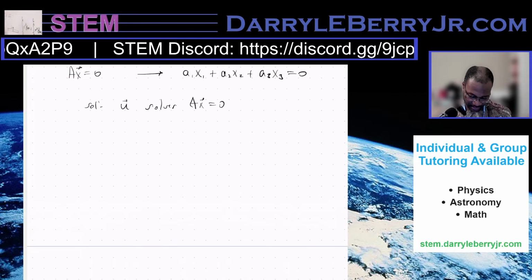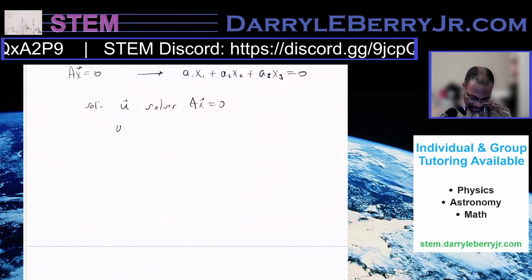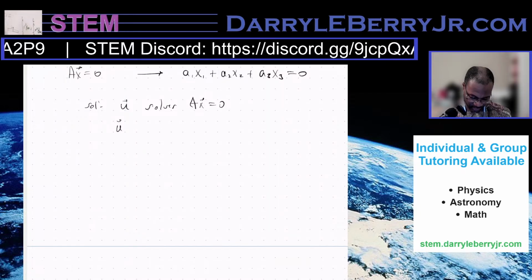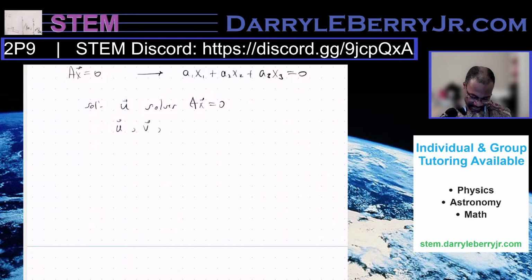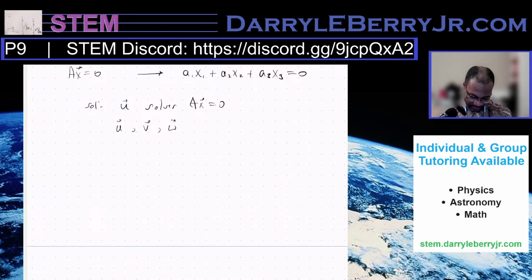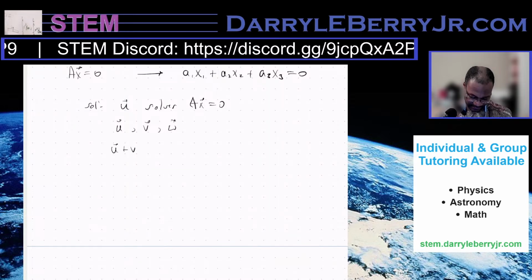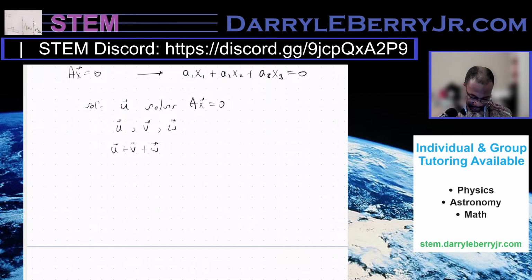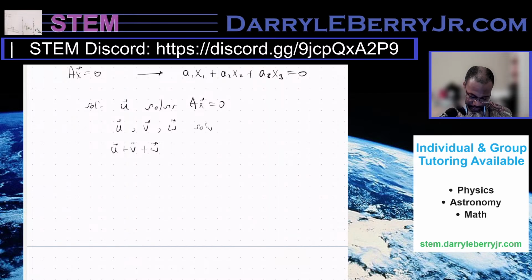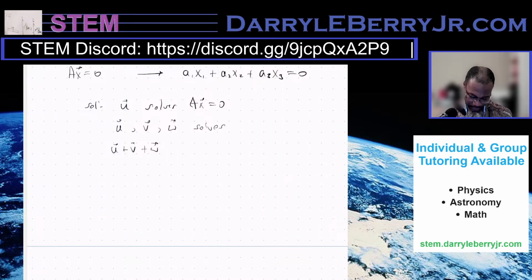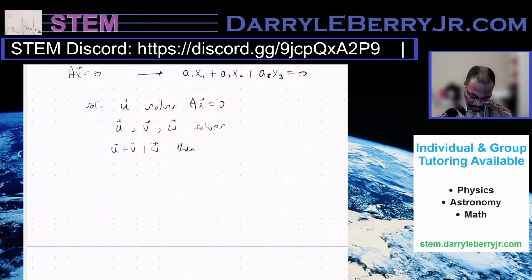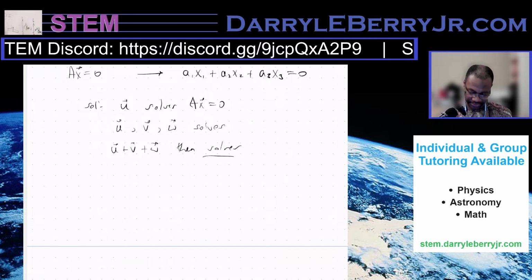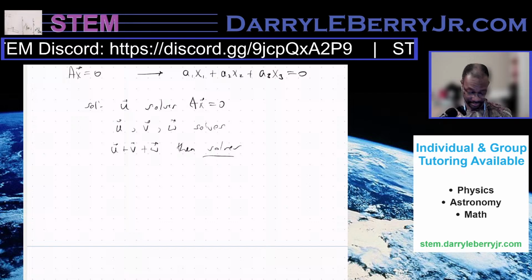So let's say that U solves it, and V solves it, and W solves it. That means that U plus V plus W also solves it. All right, so all of these things solve it. That makes sense.